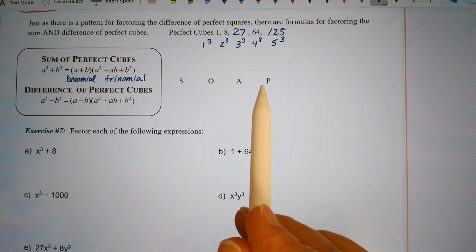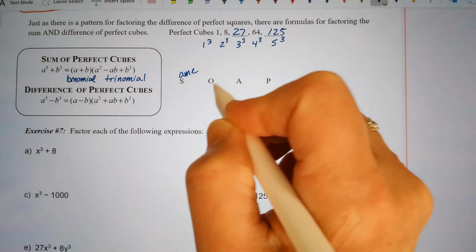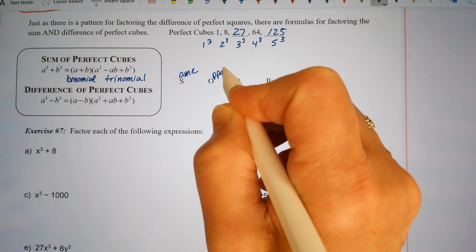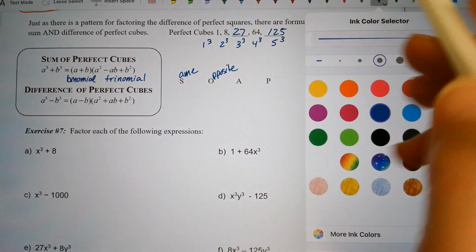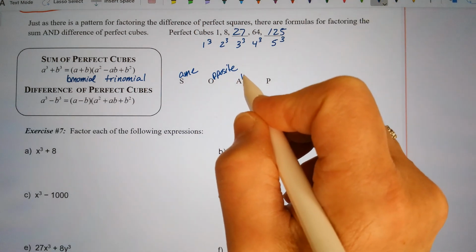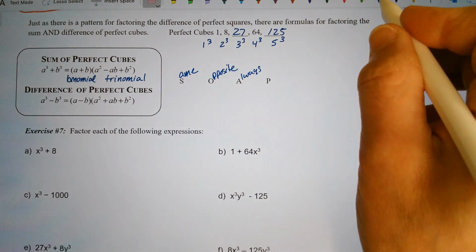So this SOAP stands for the signs go same, O is for opposite, A is for always, and P is for plus, or positive.